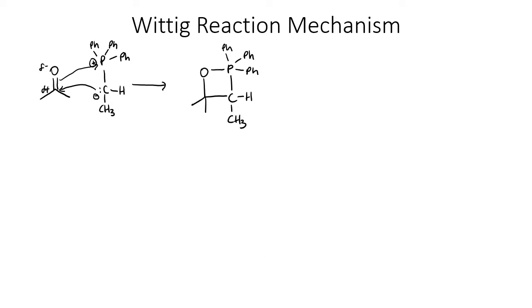Now our next step is we're going to be forming our alkene. So the electrons between the phosphorus and carbon are going to move over and form a double bond between the carbon of the Wittig reagent and the carbonyl carbon. Then the electrons between the oxygen and carbon are also going to break, and they're going to form a double bond between the oxygen and the phosphorus.